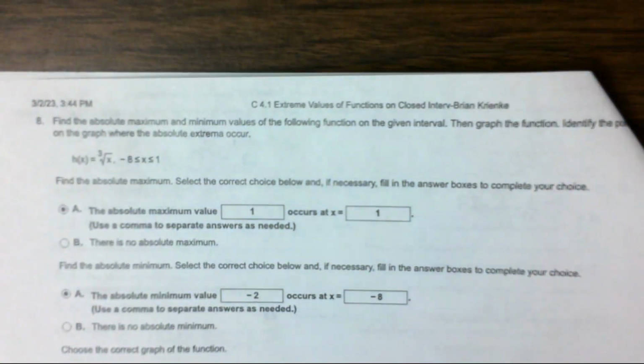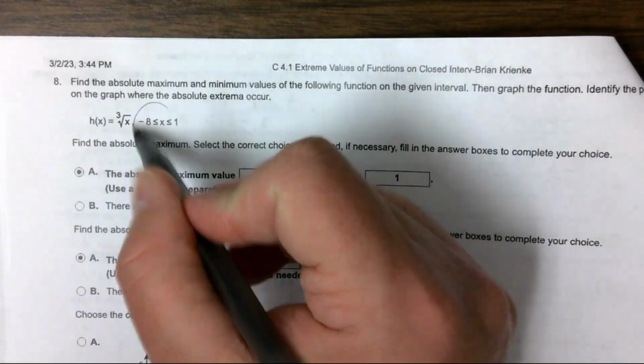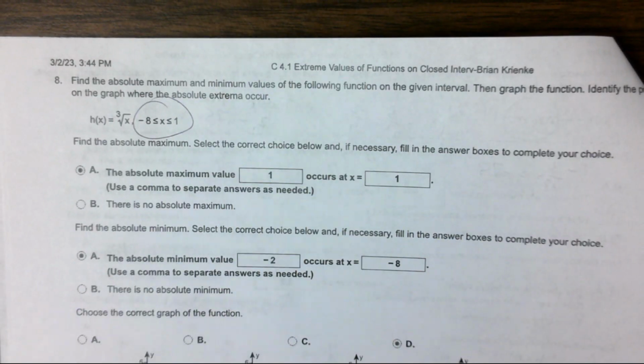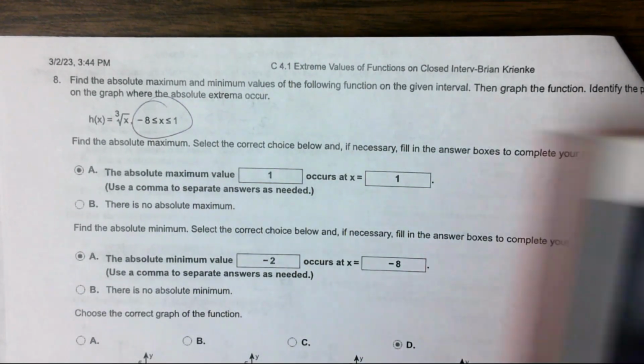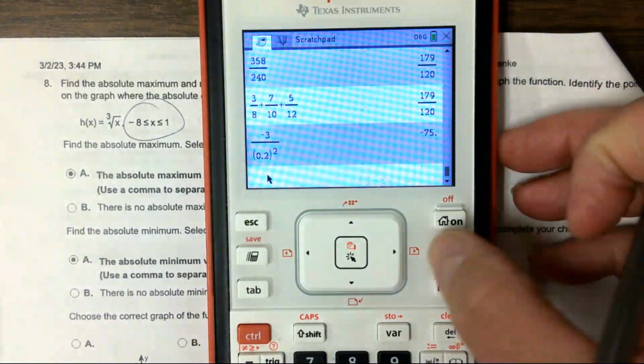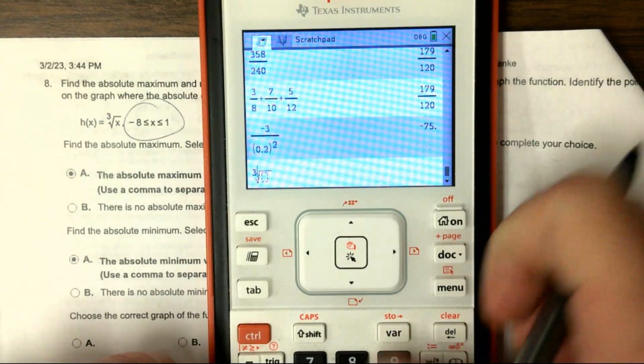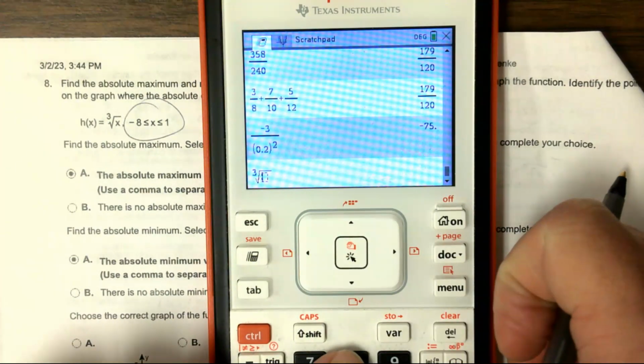Now on this one we have the cube root of x, and we're going from -8 to 1. So why don't we just use our calculator without graphing it? Let's just do the cube root of x. So the cube root of -8 is -2.